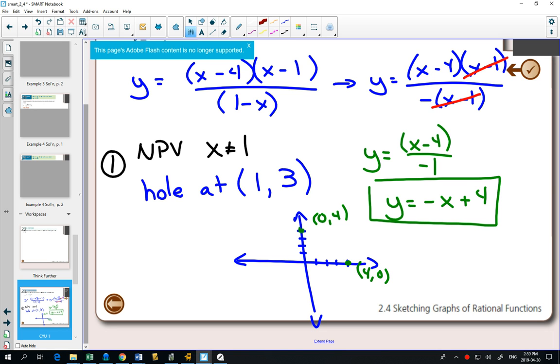I have a hole at 1, 3. So we draw the line like normal, just add a hole in it or a point of discontinuity. So try question number 3.